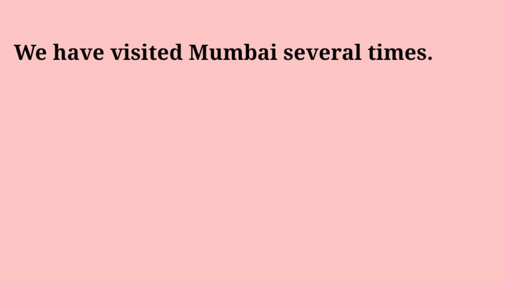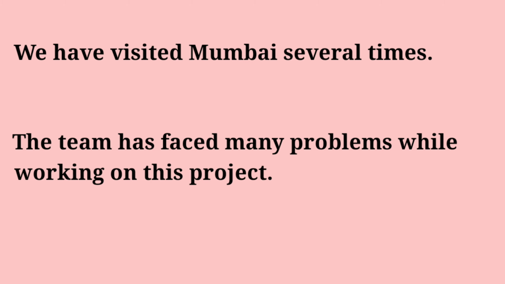So you see that no specified time period is mentioned, but a repeated action is mentioned and there is a possibility of more actions. Another example is, the team has faced many problems while working on this project. So here the team is working on a project and they have faced multiple problems, and they might face more problems because the project isn't finished yet.